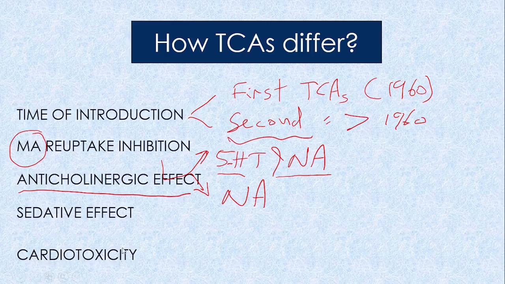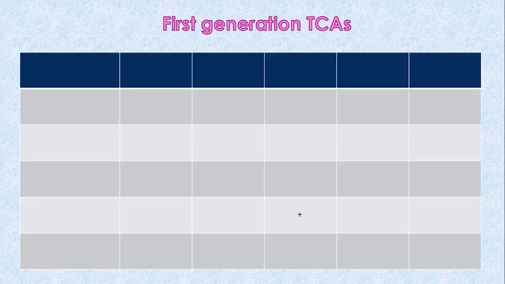So let us make a table to make it easier to understand the differences between different tricyclic antidepressants. We start with the first generation. As we said, they differ in selectivity, in their kinetics, in the anticholinergic action, in their sedative effect and the cardiotoxicity.